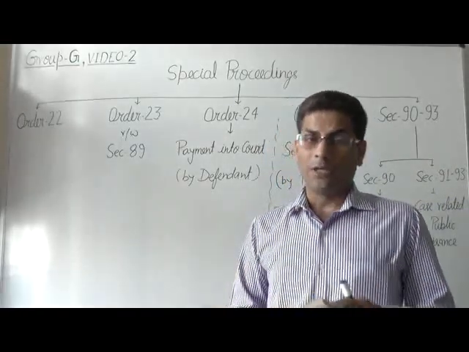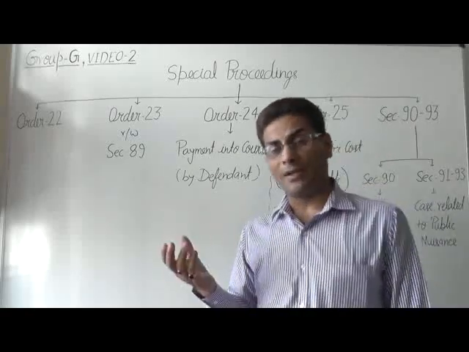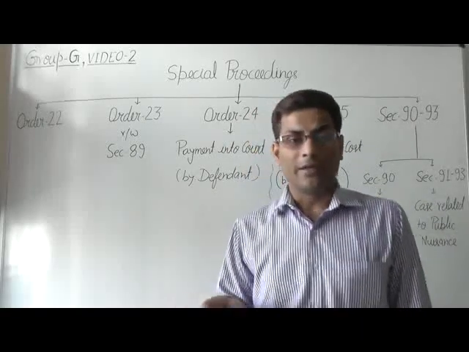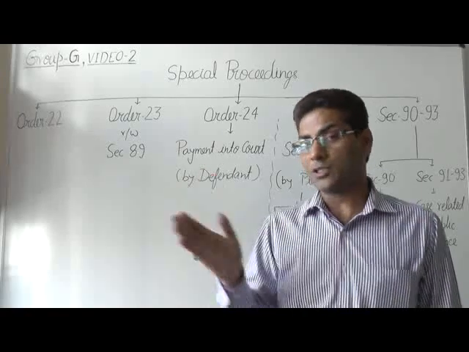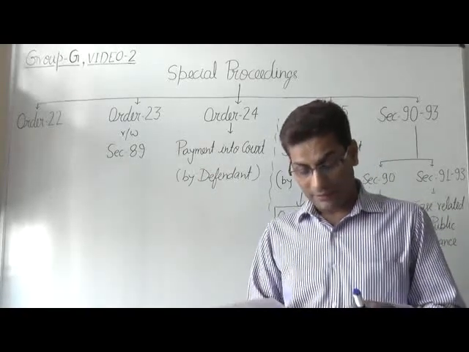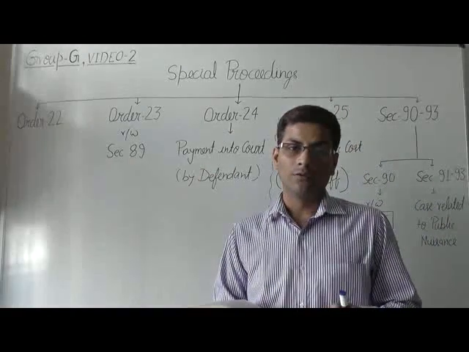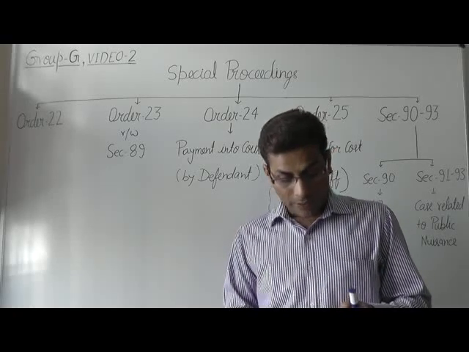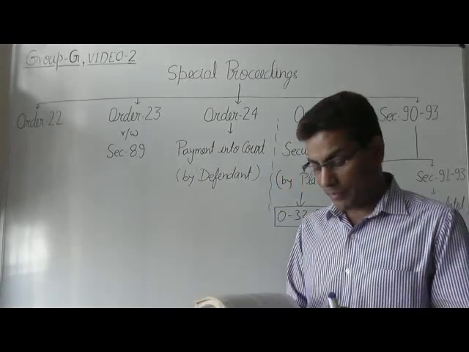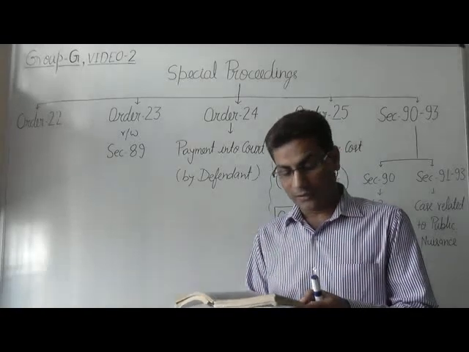Then what action can be taken by the plaintiff? What remedy is available to the plaintiff against the dismissal? It has been provided in sub-rule 2 of Rule 2. When a suit is dismissed under this rule, the plaintiff may apply to the court which dismissed the suit for an order to set the dismissal aside.